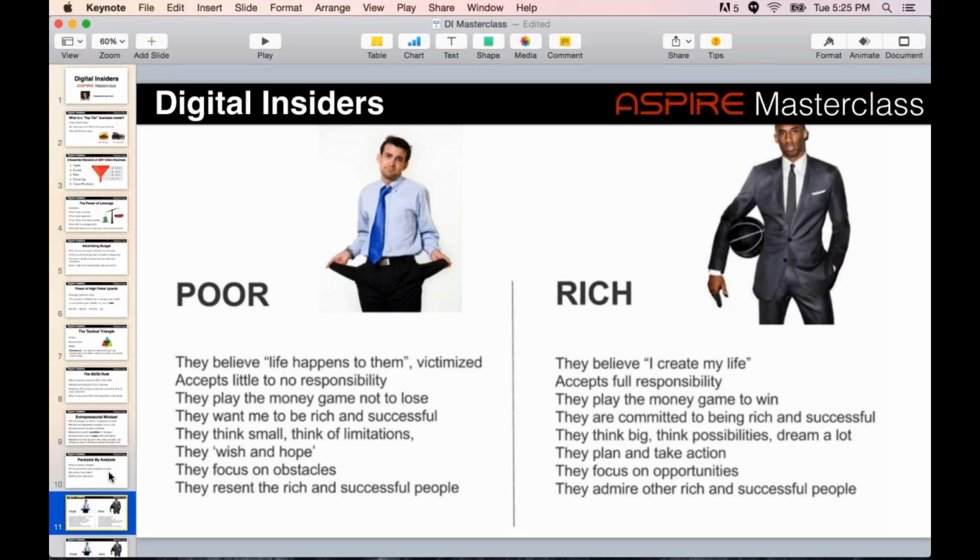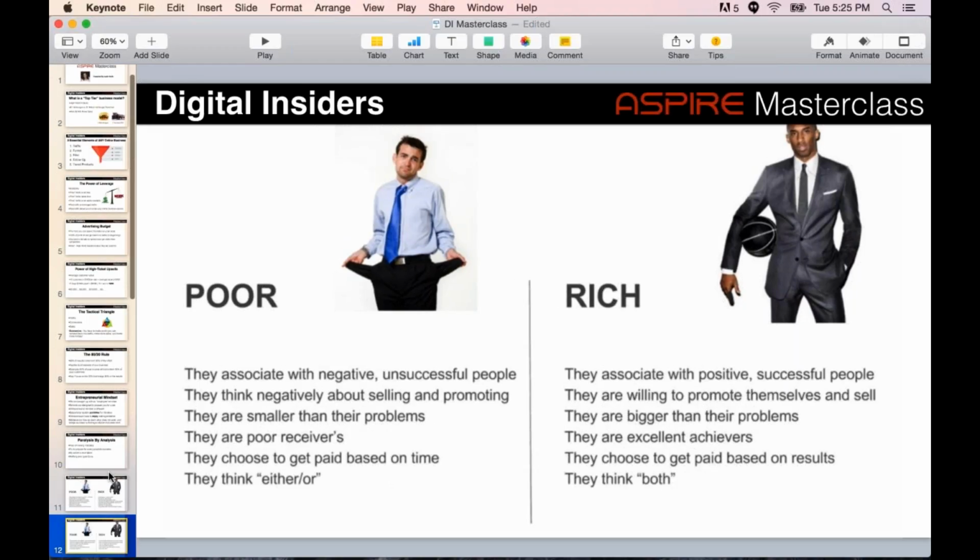Somebody that's not very successful in life probably believes that life just happens to them and they don't accept responsibility for that, and that they're the victim. Whereas somebody that has a successful mentality believes that they create their life, that they're responsible for what happens to them, they're responsible for all their actions, and they're committed to being successful. And they're very positive generally, and focus on opportunities, not obstacles.